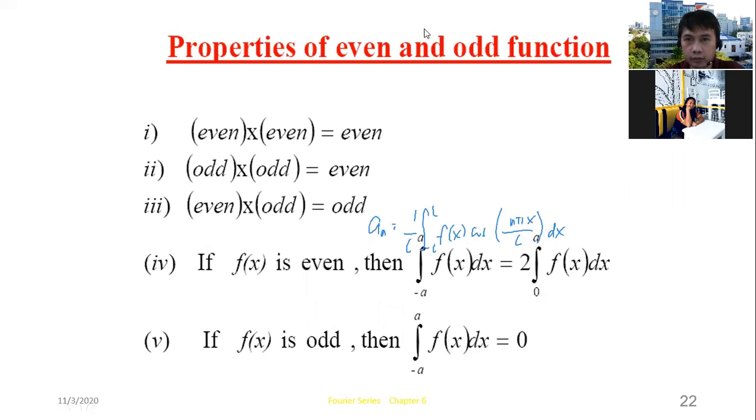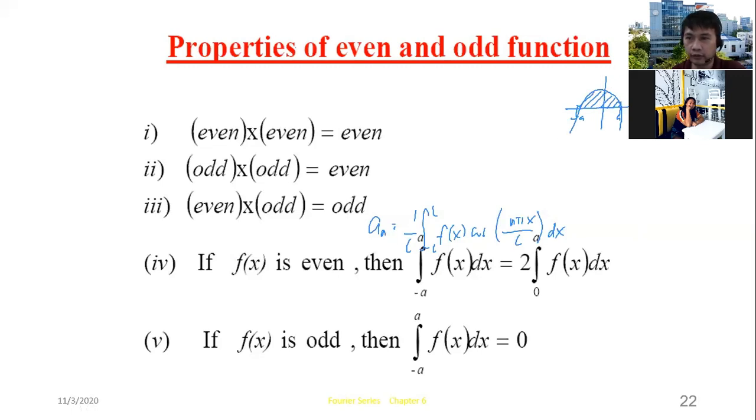Because if we try to visualize, if we're given a function like this, and we're evaluating the integral from negative a to a, we need to determine the area under this curve, the shaded area.